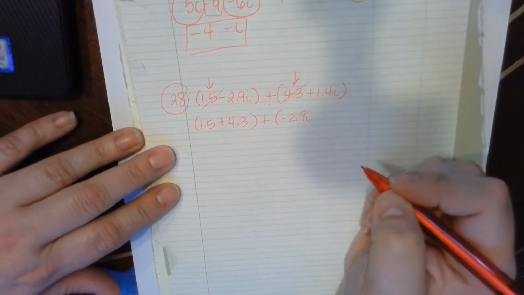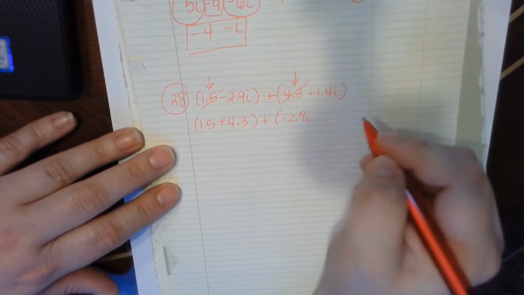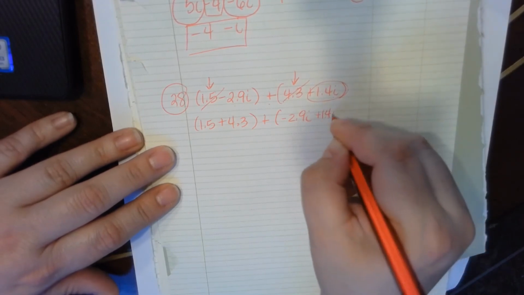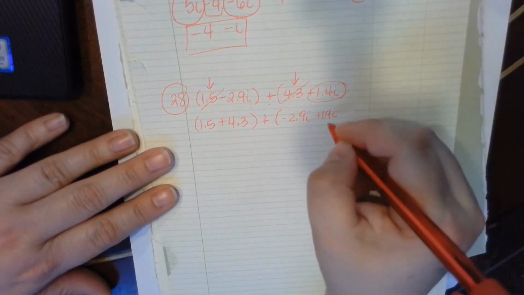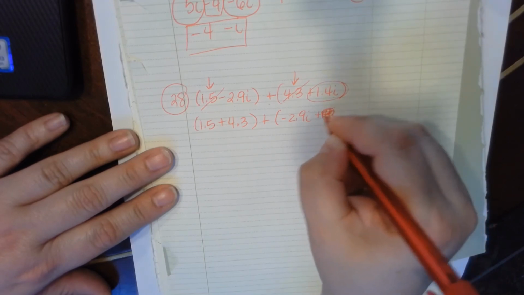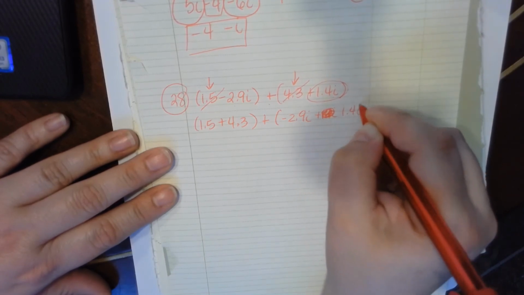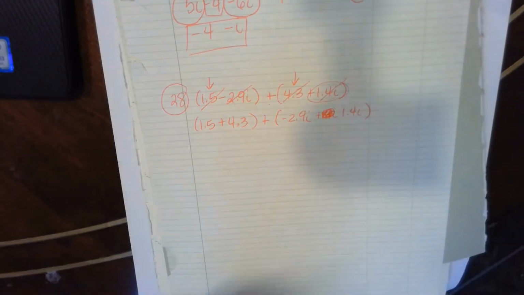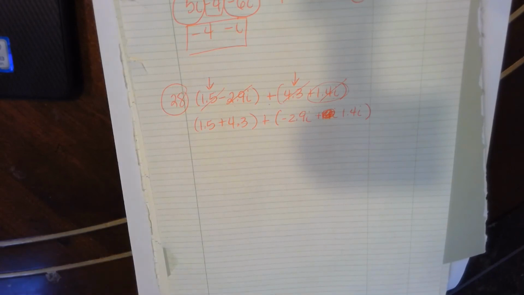And I'm going to add that to plus 1.4i. That's kind of messy, I know. Let's separate it a little. Okay, so took care of that one, took care of that one. So everything's accounted for, and then we just have to start adding.